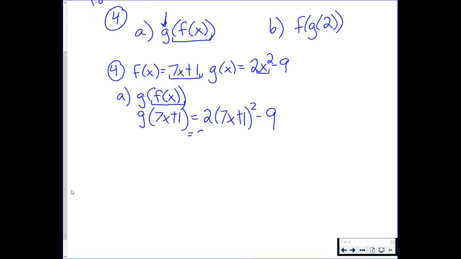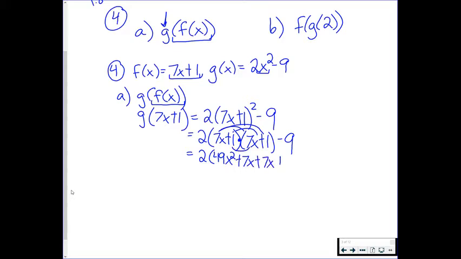Now we're going to simplify this. 7x plus 1 squared is 7x plus 1 times 7x plus 1. To multiply those two binomials together, we're going to FOIL through. 7 times 7 is 49, and then x squared because there were two x's. 7 times 1 is positive 7x. 1 times 7x is 7x.